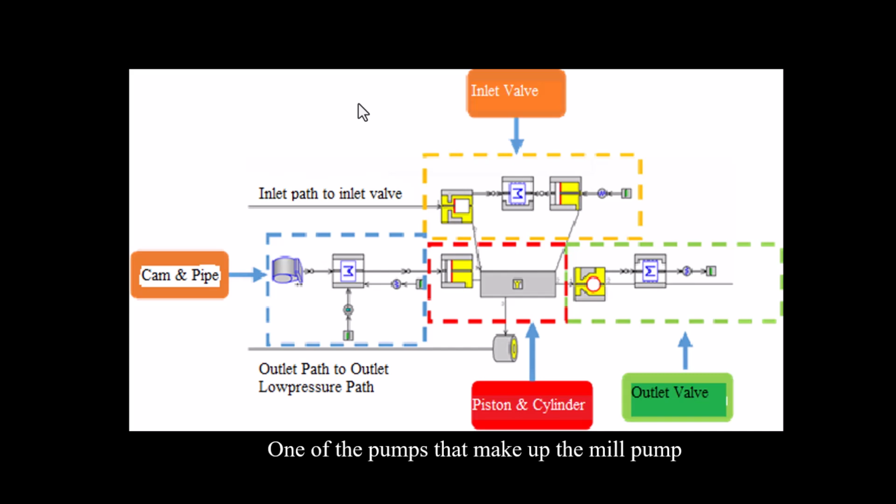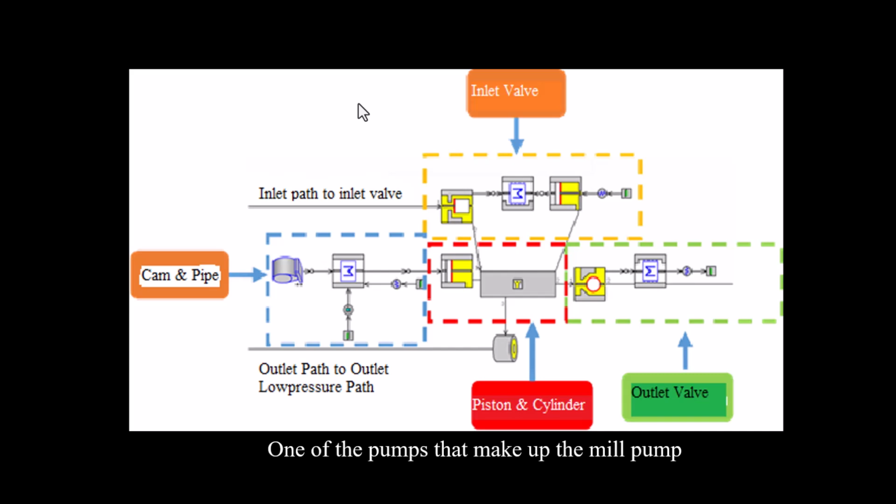Then the cam pushes the piston downward, closing the fuel inlet valve and opening the outlet valve, which operates oppositely to the inlet valve. The pressurized fuel then flows through the outlet valve, moving toward the outlet and exerting increased pressure on the piston.